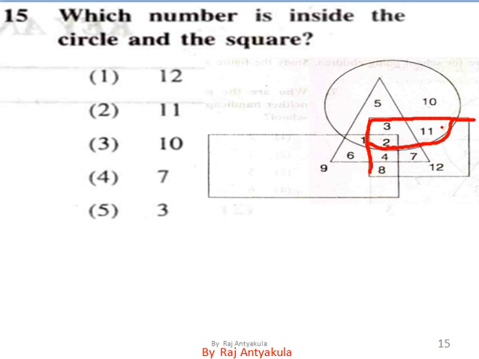Here actually he has to ask which number is inside the circle and the square. 3 is inside the circle, triangle and square. 2 is common for all the 4 figures. Only 11 is the number which is inside the square and circle, which is given in option 2. Thank you.